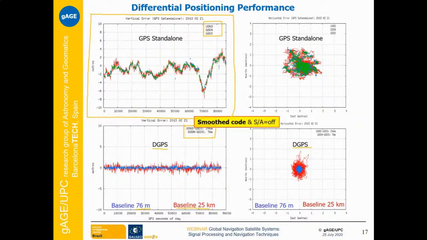We can again see that the shorter baseline has a very good positioning, and then we have the longer baseline that is also mitigating, but not so well. Because, of course, the closer the two receivers are, the more errors are cancelled.